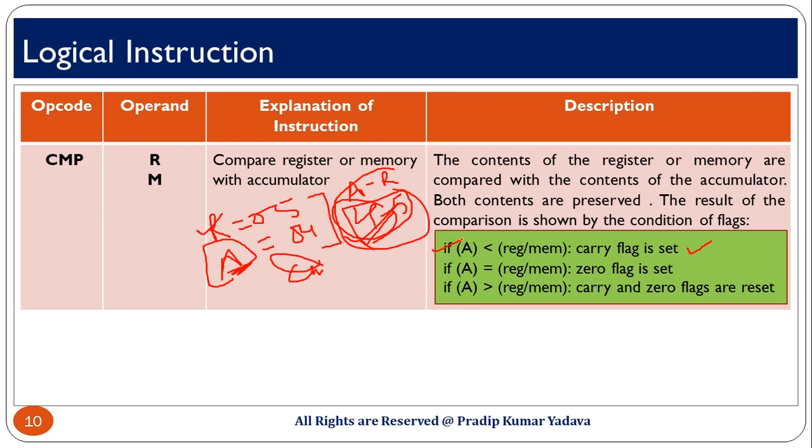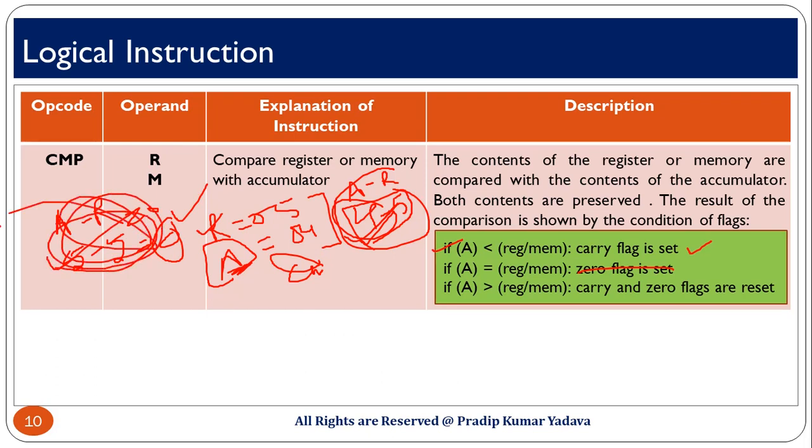The second condition is that the zero flag is set. Zero flag set means the output is 0, A minus R equals 0. Suppose the content of A is 5 and the content of R is 5. In this case your output will be 0, meaning the zero flag is set, and both numbers are equal.